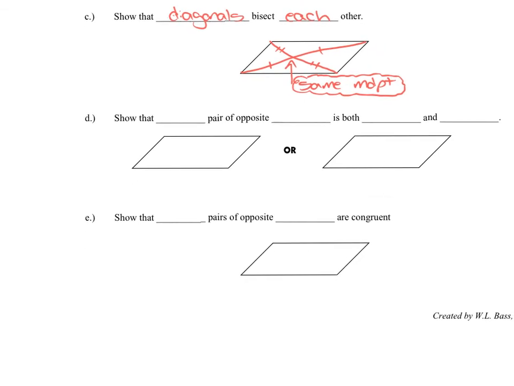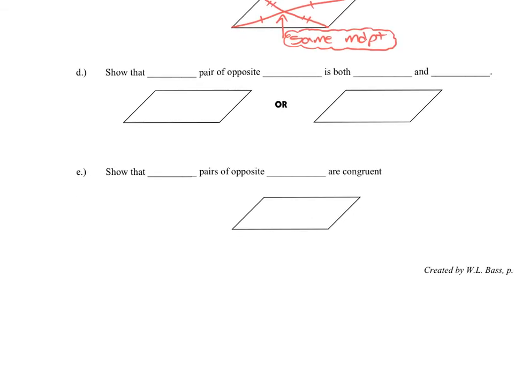The next one is unique. This is a different one. We're going to show that one pair of opposite sides is both parallel and congruent. So for example, let's say I wanted to work with these sides right here. I could show that those two sides are congruent by using my distance formula, and I could show that they're parallel by using my slope formula.